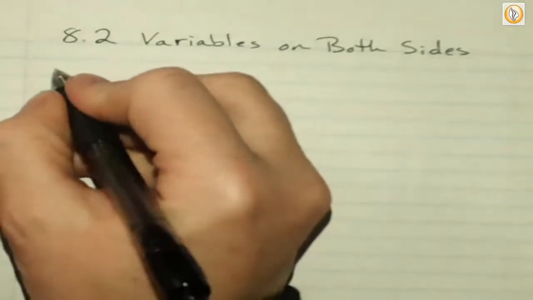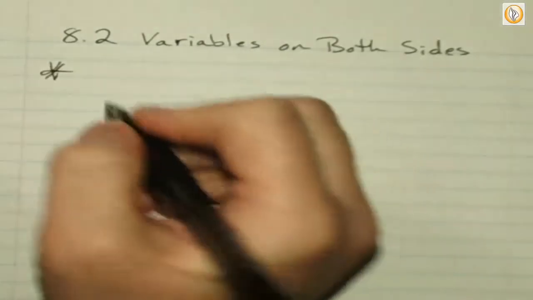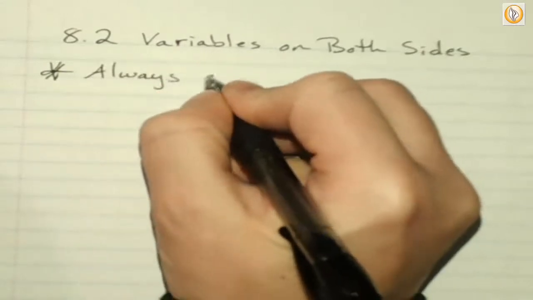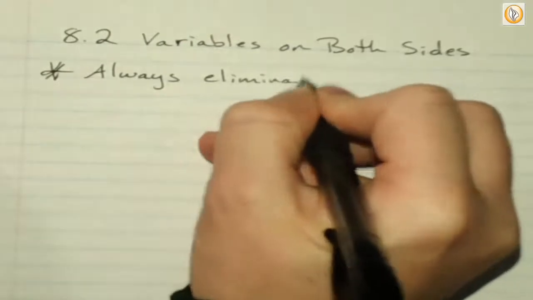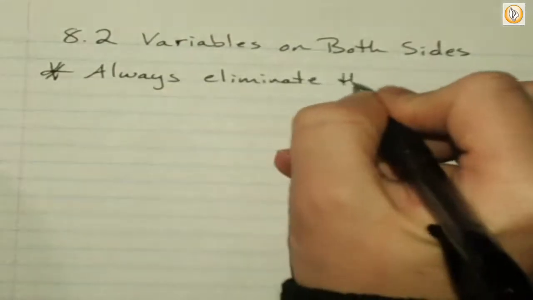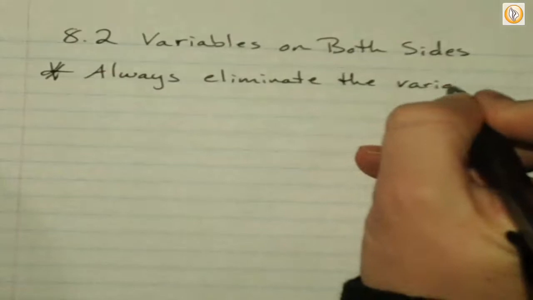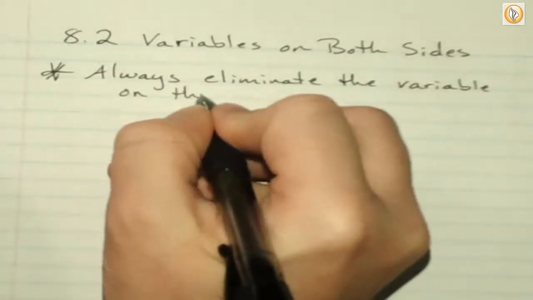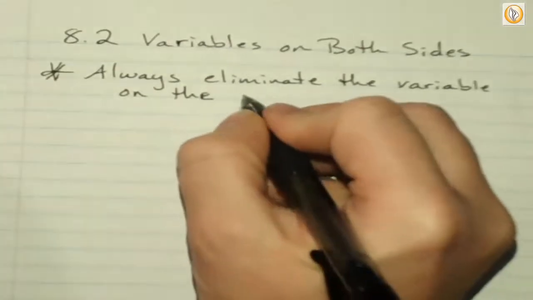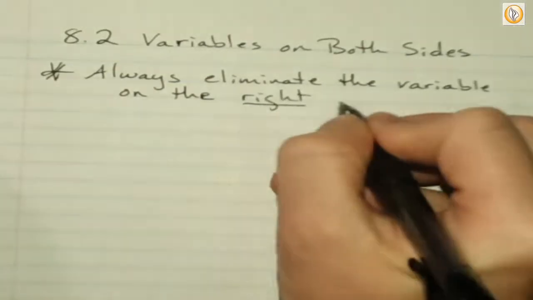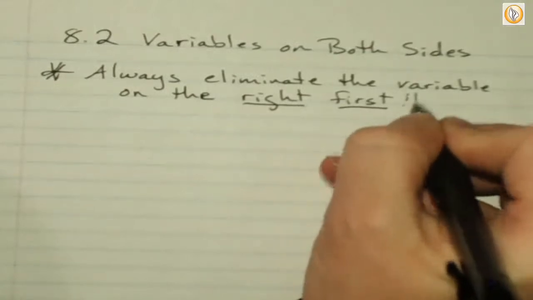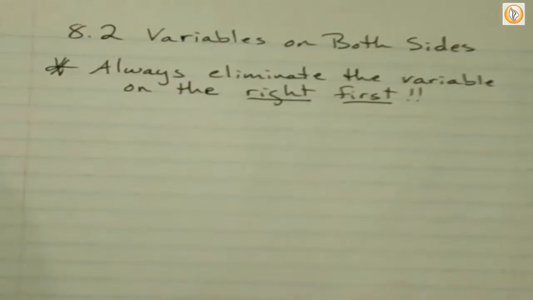All right, so one piece of important information is you need to always eliminate the variable on the right first. It'll make your life a lot easier. And I'm going to explain that to you.